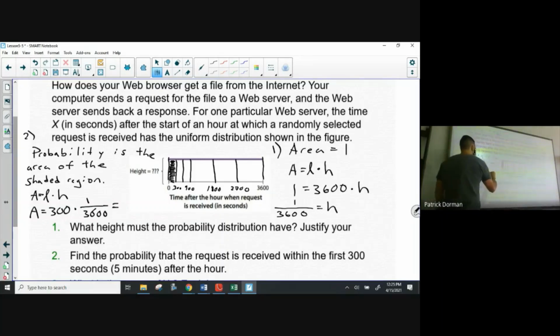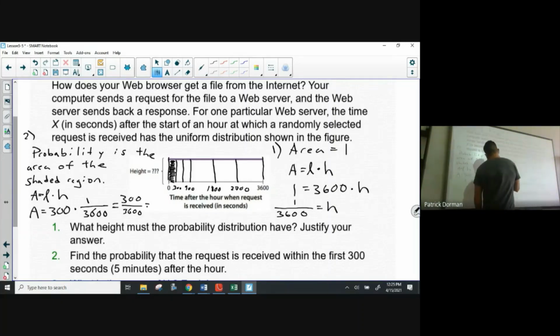So what is that? That's 300 over 3,600. 3 goes into 36 12 times. So that's 1 over 12. That is the answer to number 3.